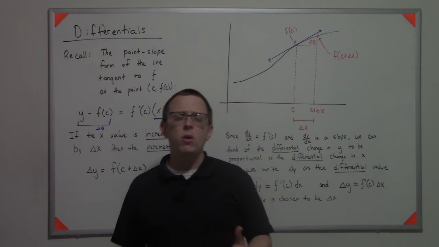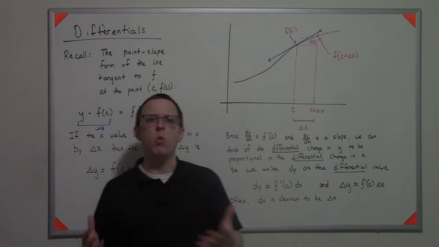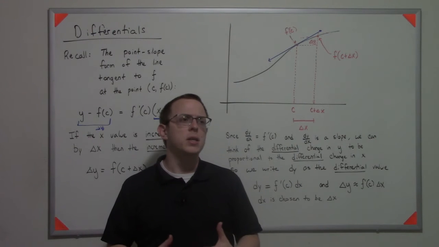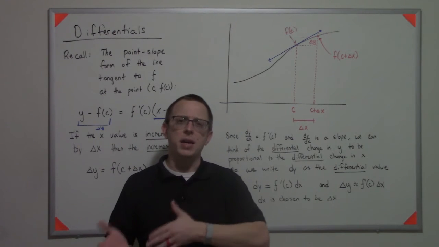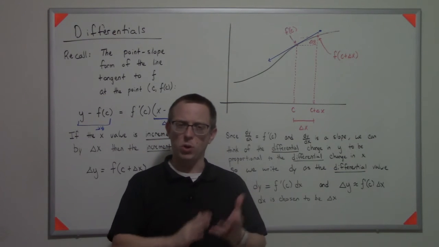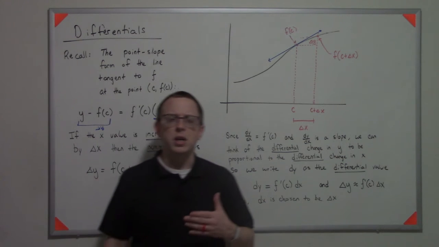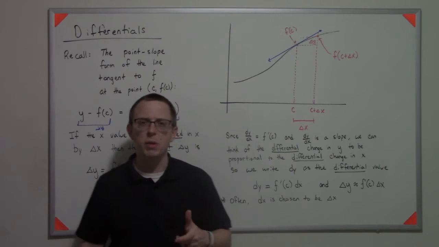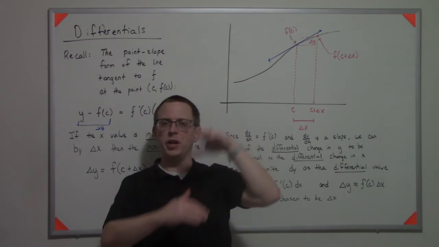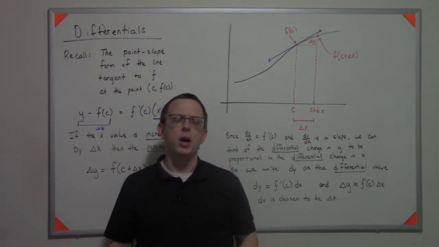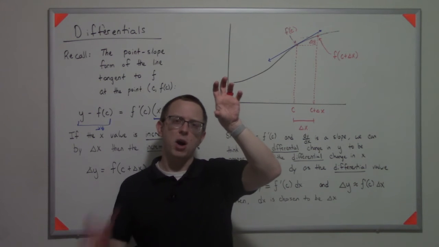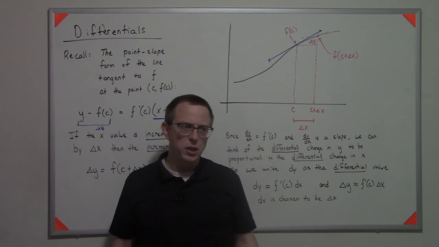Now, in calculus, we have this idea that dy dx is equal to a number, and that number is a slope. And if you recall from your studies in algebra, when you think about the slope, you think about rise over run, right? There's some ratio of how much you change in y to how much you change in x.